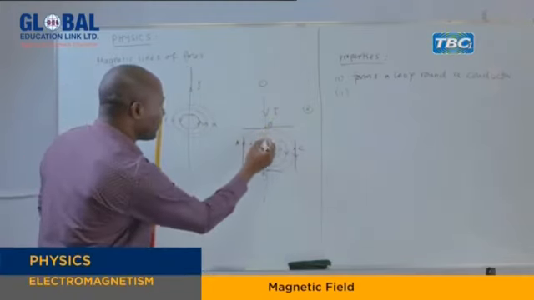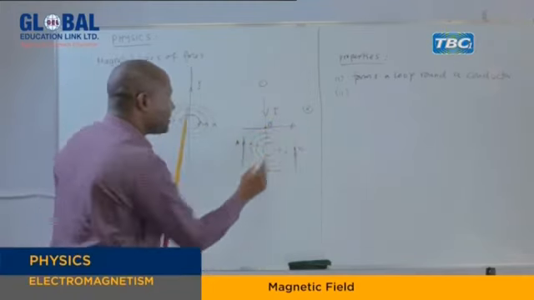This gives the indication of where the magnetic field or magnetic flux density will be acting. So here the magnetic flux density will be acting down, here the magnetic field will be acting this way.